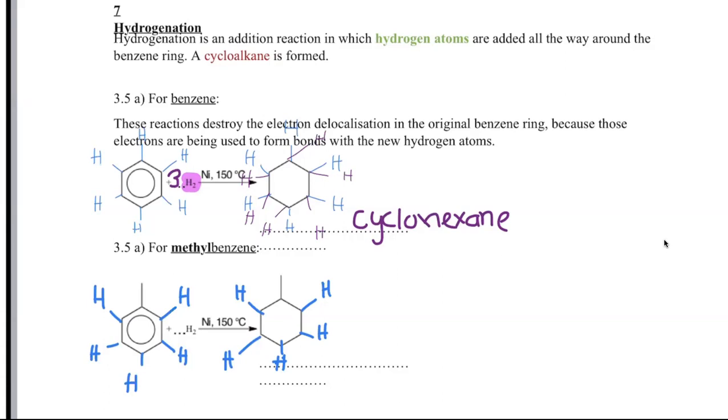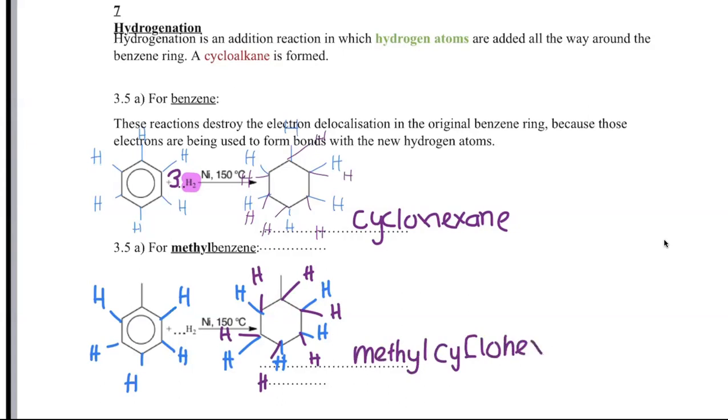Now look at this carbon. This carbon only contains 3 bonds, so it can still accept a new hydrogen, because carbon can form 4 bonds. So 1, 2, 3, 4, 5, 6. Okay, so this is called methylcyclohexane.